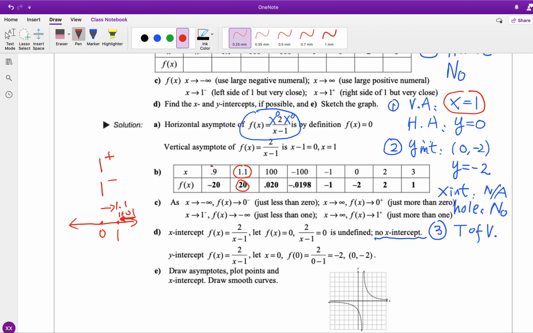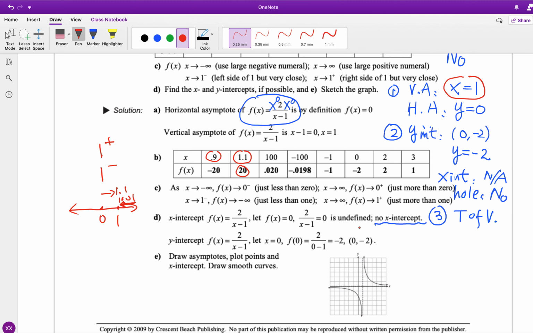So we have 0.9 here, or we could also do 0.99, even closer to 1, but this is already good enough. Then this is negative 20, because 0.9 subtract 1 becomes a negative number, and then it's negative 20.